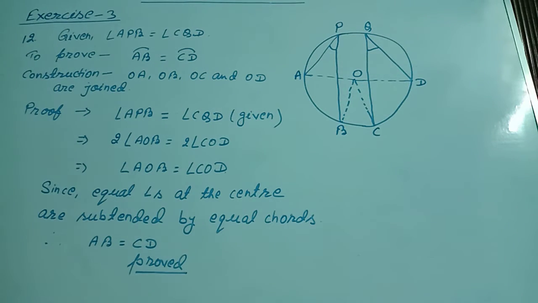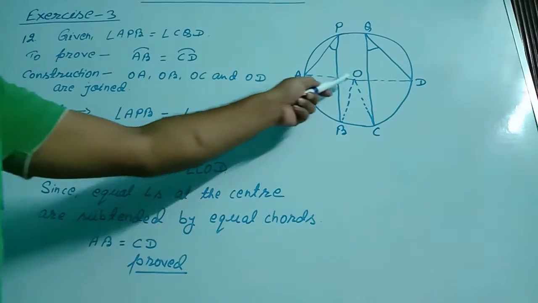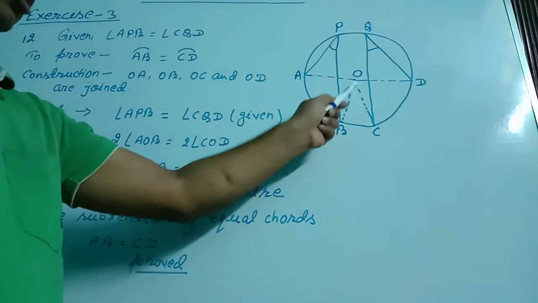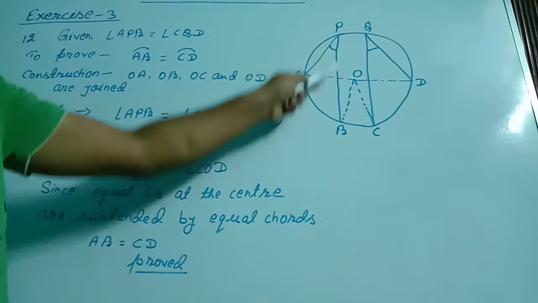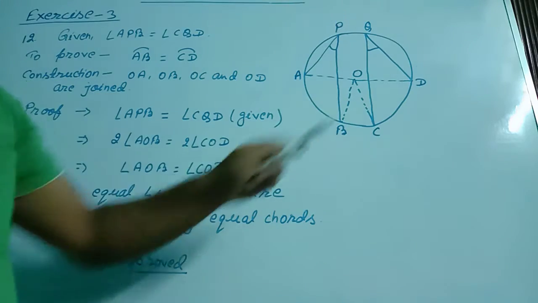For that I have done construction. OA, OB, OC and OD are joined. Then as it is given angle APB equal to angle CQD, I have written here.